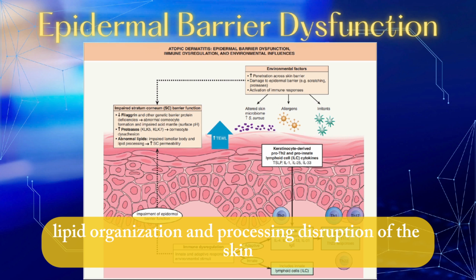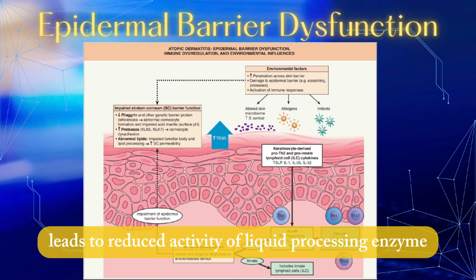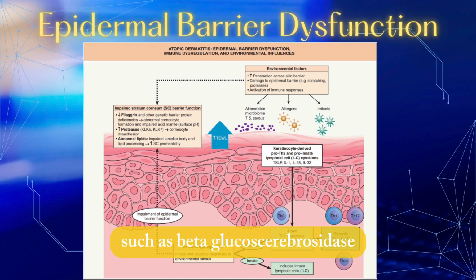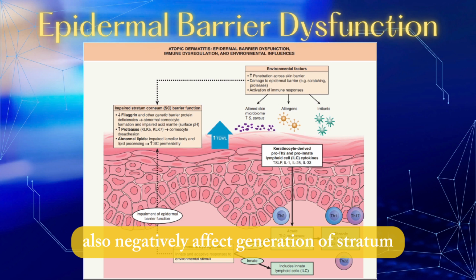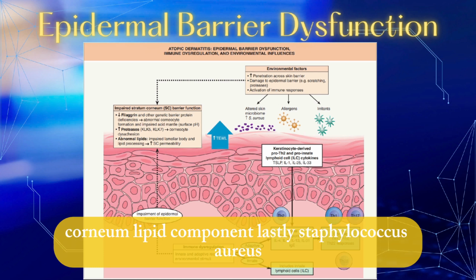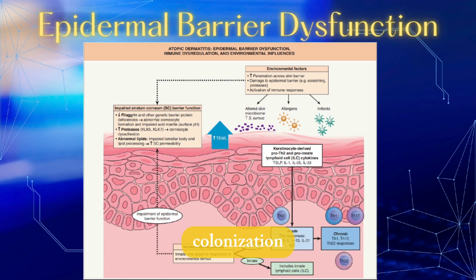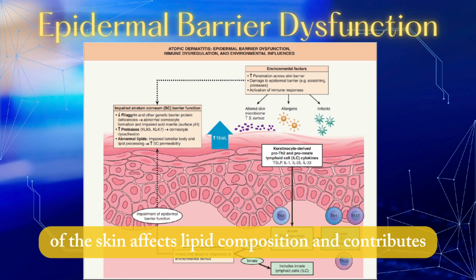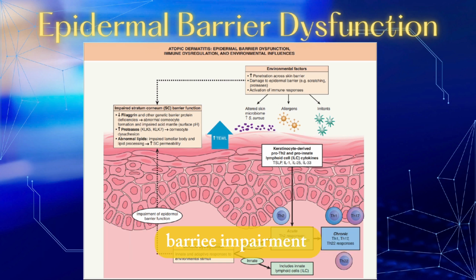Disruption of the skin acidic mantle leads to reduced activity of lipid processing enzymes such as beta-glucocerebrosidase and acid sphingomyelinase. Th2 cytokines also negatively affect the generation of stratum corneum lipid components. Lastly, Staphylococcus aureus colonization of the skin affects lipid composition and contributes to epidermal barrier impairment.